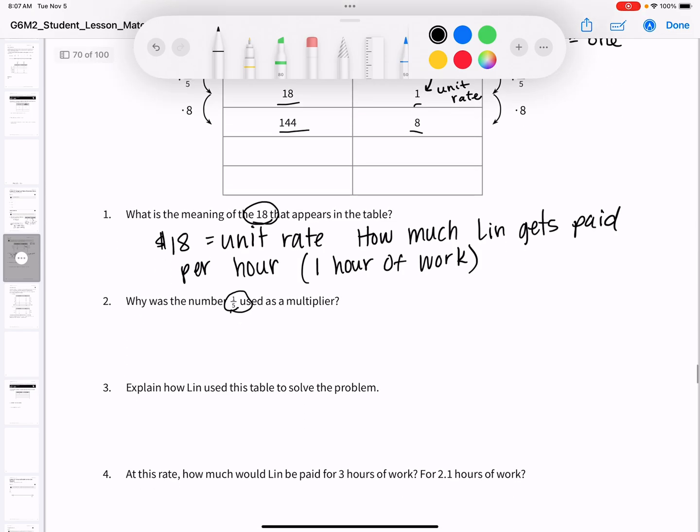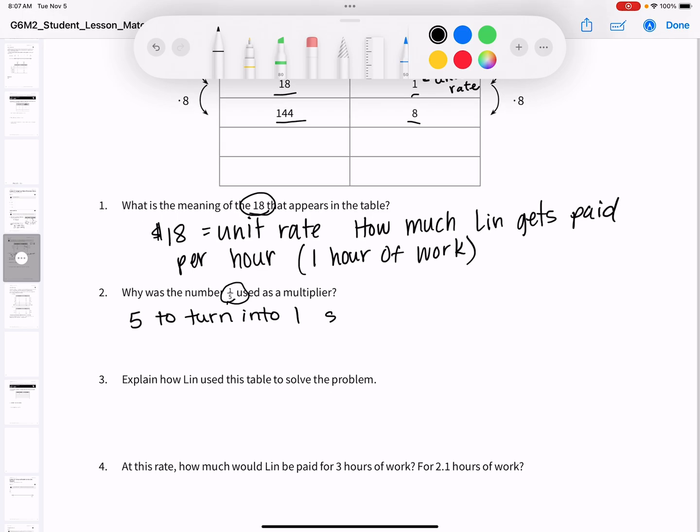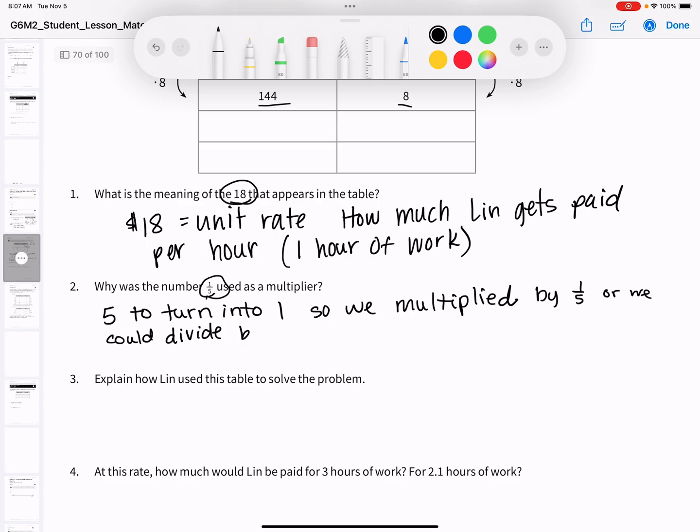So we wanted 5 to turn into 1, so we multiplied by 1/5, or we could divide by 5 as well. Then we could go to 1, and then we could go up to 8.